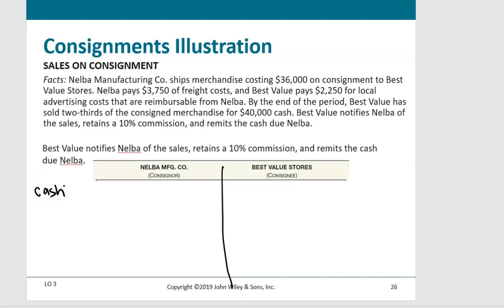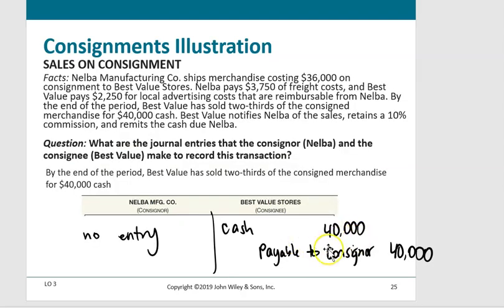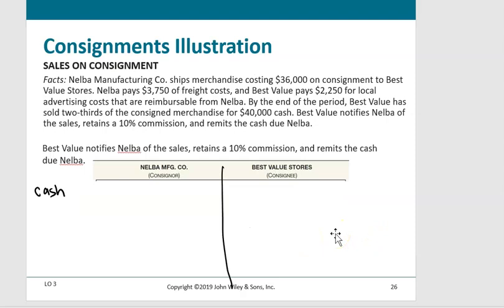Well, it's going to be the sale of the merchandise of $40,000, less any amounts that NELBA owes. Remember, NELBA still owes 10% commission, and NELBA also owes Best Value for payment of those advertising costs of $22.50. So let's hold off on the amount of the cash and let's keep going with NELBA's entries.